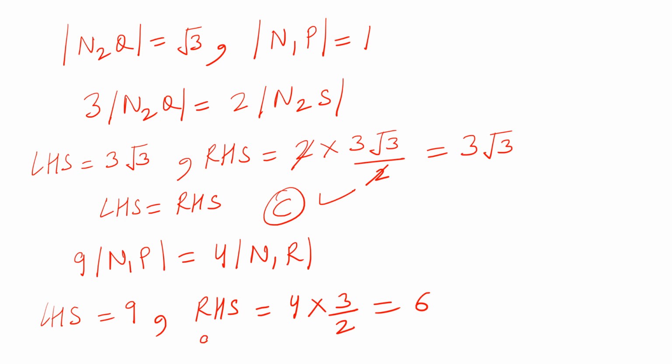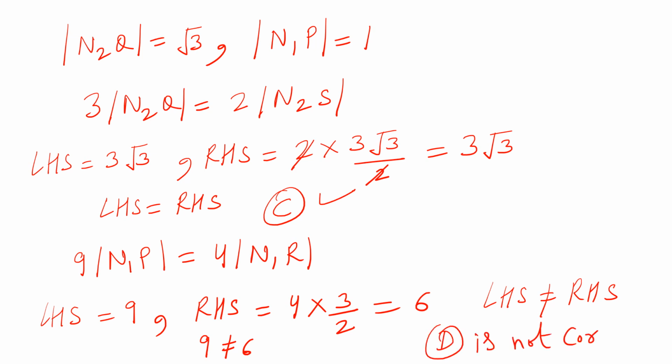Now clearly 9 is not equal to 6. So this means left hand side is not equal to right hand side, or option D is not correct. So finally we conclude that option A and C are correct for this question.